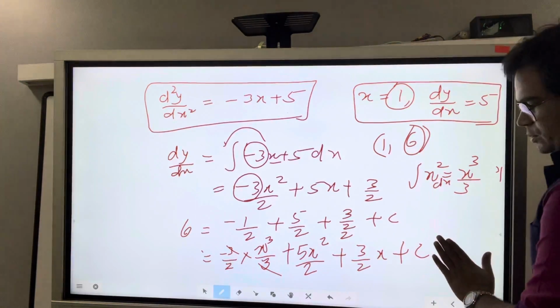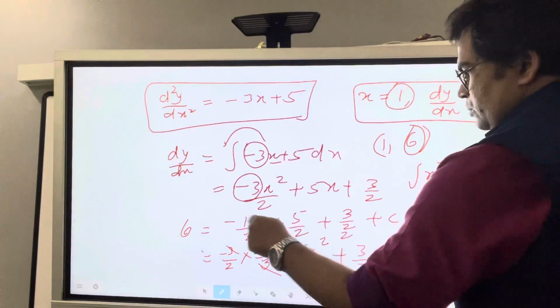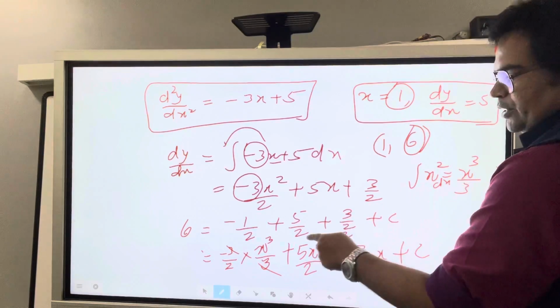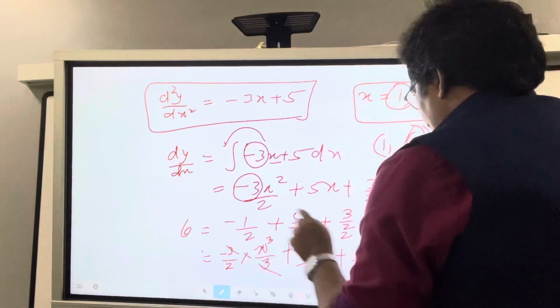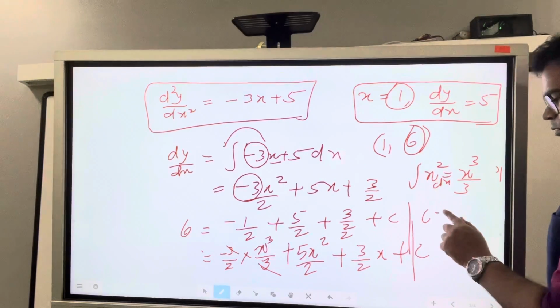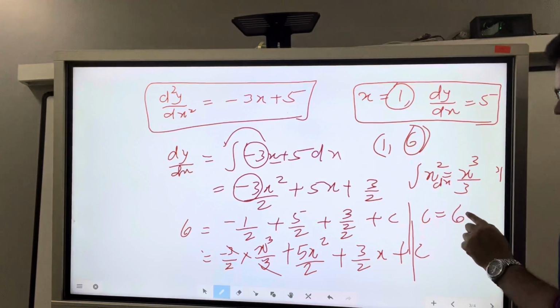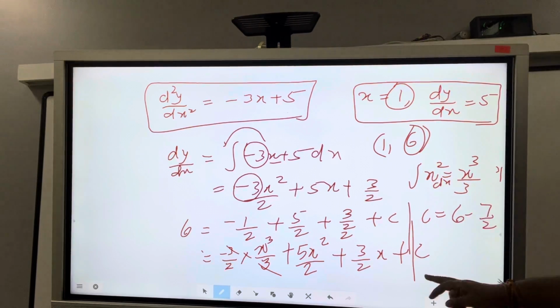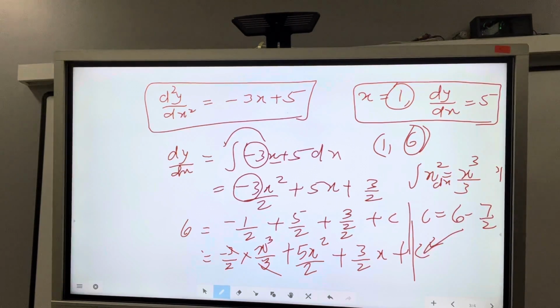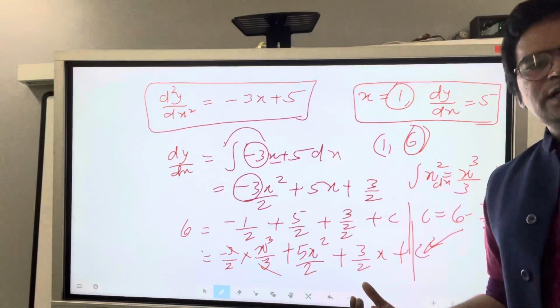Once you simplify this part, you get c equals, so this is 3 by 2, this is 8 by 2, 8 by 2 minus 1 by 2 is 7 by 2. So c equals 6 minus 7 by 2. If you simplify, you get the constant. You plug it in here, and that's the exact function that you needed.